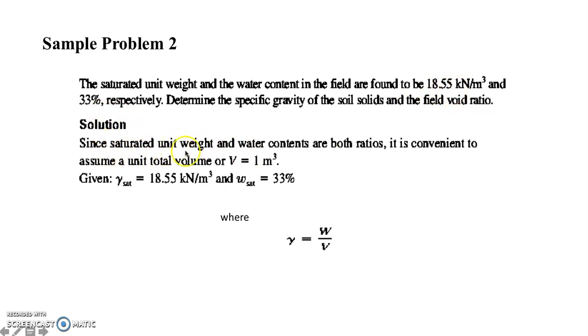Since the saturated unit weight and water content are both ratios, it is convenient to assume that the total volume is equal to 1. We also have this illustration a while ago wherein total volume is equivalent to 1. Using that concept, we're going to apply that in this problem. So we start with unit weight is equal, of course, to total weight all over total volume.